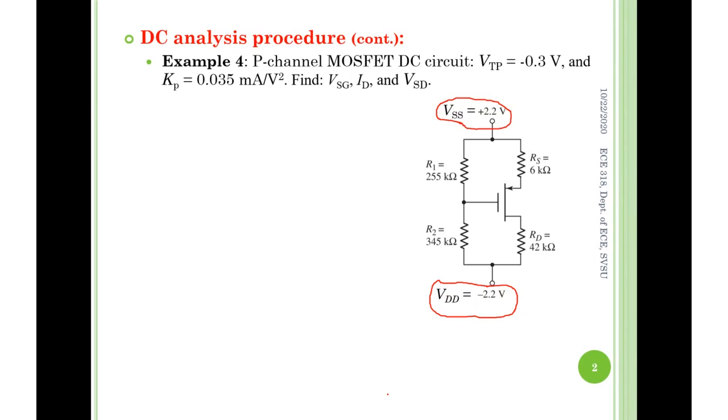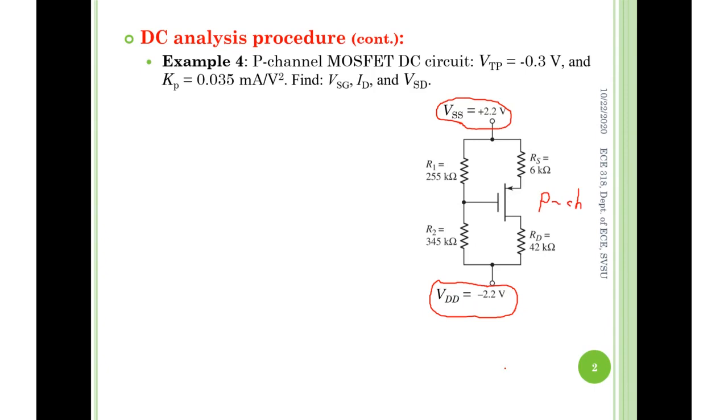What else? You need to be very careful in this circuit. It's also very important to realize that this is a P channel. This matters a lot as well.